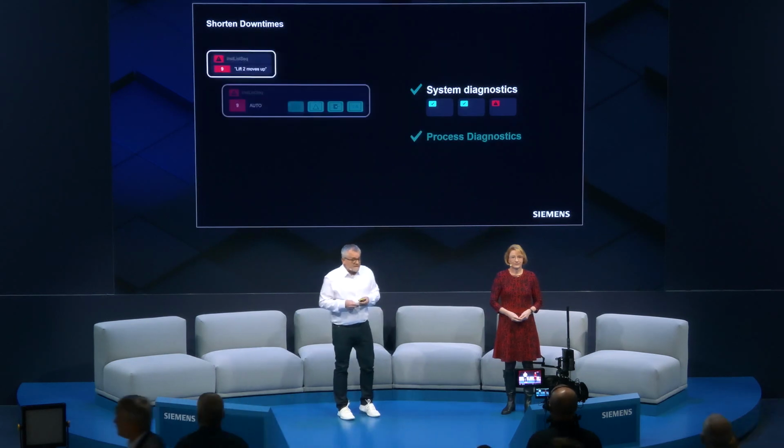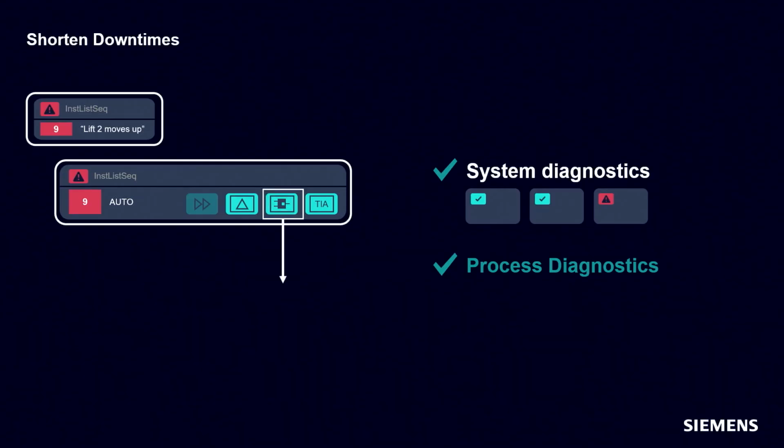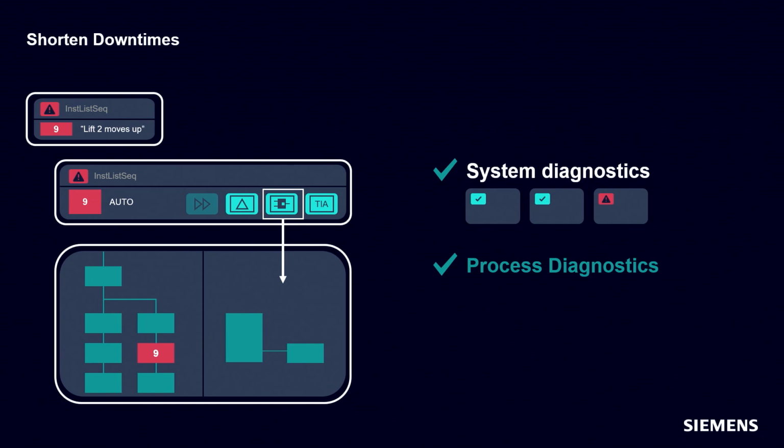And even more interesting is our new process diagnostic in WinCC Unified, where we offer comprehensive fault monitoring at process level. For this, predefined generic views are available. Just jump with a click to a PLC code viewer and identify the faulty steps.